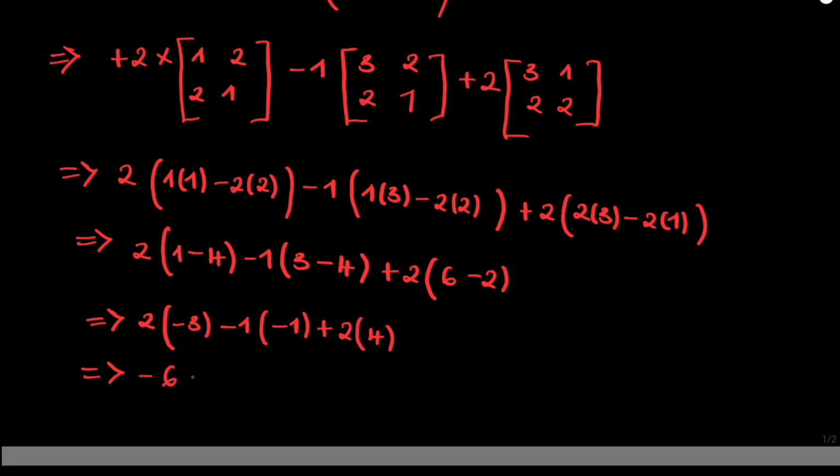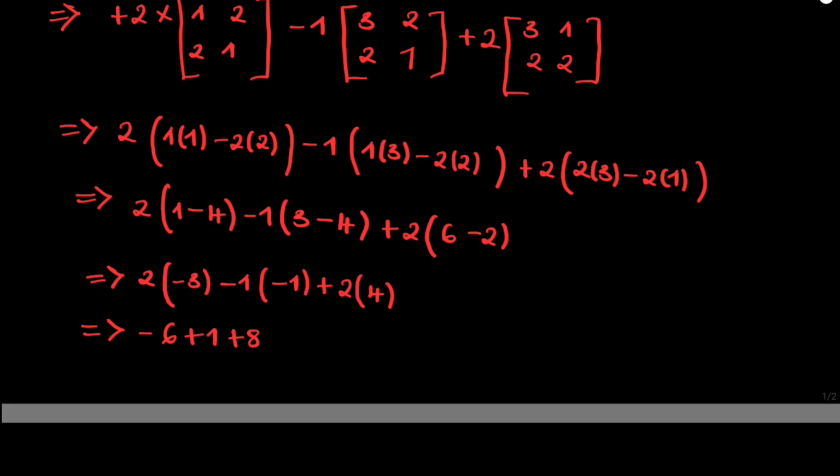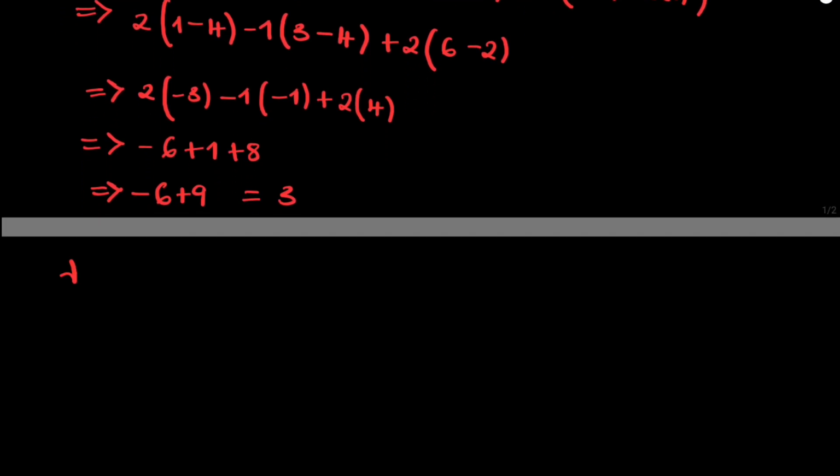Minus 1 times minus 1 is plus 1. 2 times 4 is 8. So we have minus 6 plus 9. This gives us 3. So we can say that the determinant of A is equal to 3. Now we'll go to the B part.